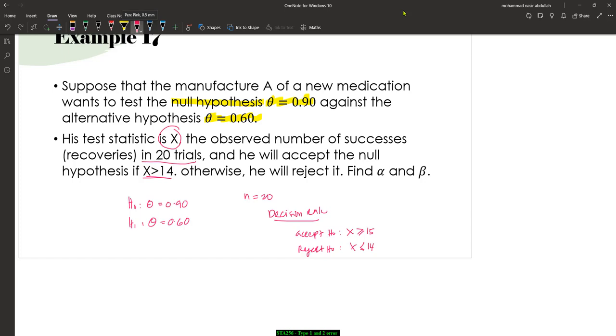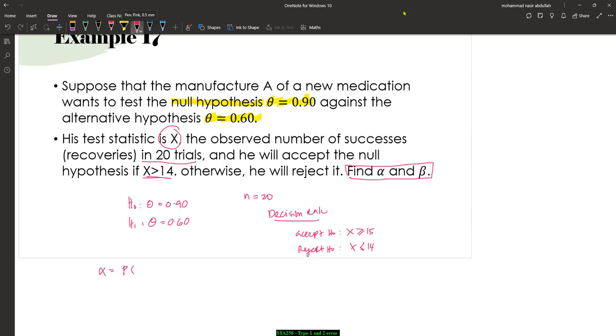So now the problem is to find alpha and beta. To find alpha, we write down the definition for alpha, which is the type 1 error. Alpha means that we are going to reject when the null hypothesis is true.